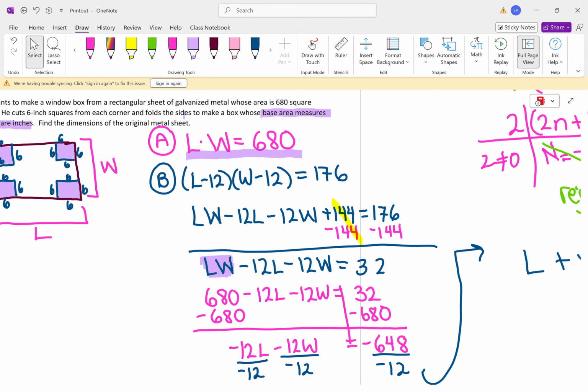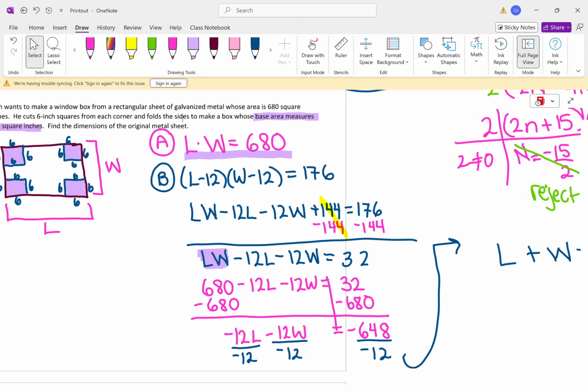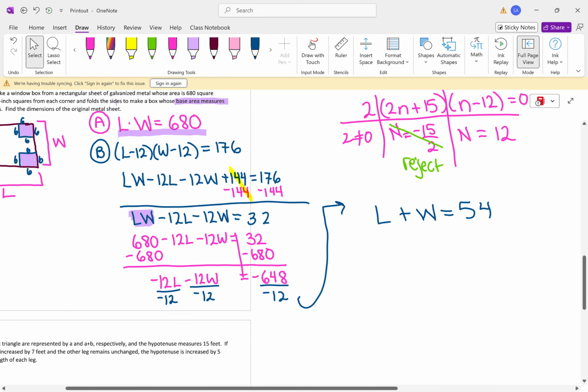L minus 12 times W minus 12, yes, that's the area. But shouldn't it be 680 minus 176 then? Because you're subtracting the area of those pink squares from the total. No, I'm not subtracting the area. They're saying the 176 is the area. Okay. After they figured it out.